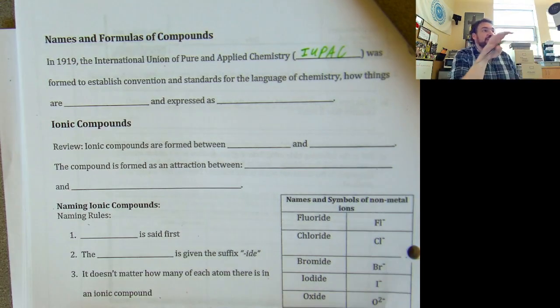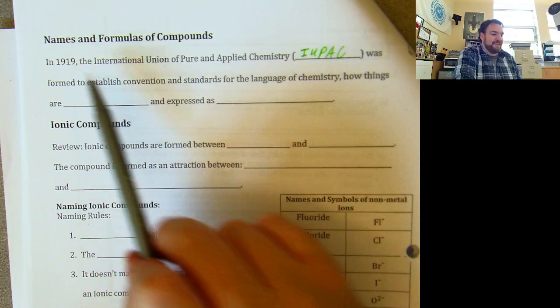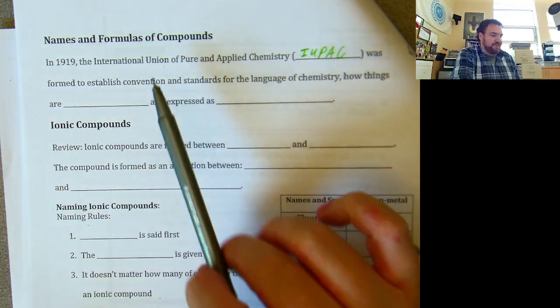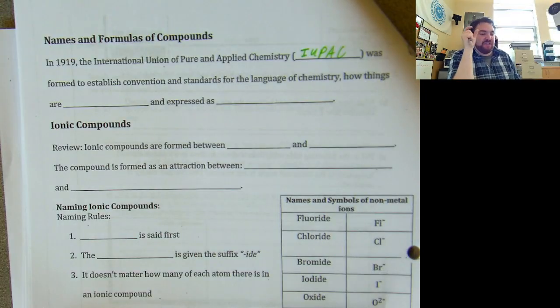Anytime something is labeled as being IUPAC, it comes back to this 1919 convention that got together. They called themselves the International Union of Pure and Applied Chemistry, and what they did was they established convention and standards for the language of chemistry. What this means is that it does not matter where in the world you go. The rules for chemistry are exactly the same.